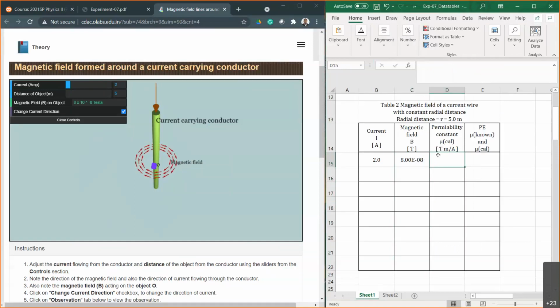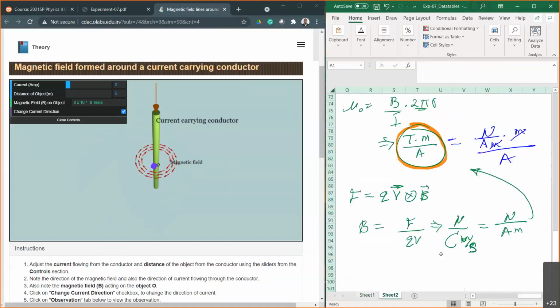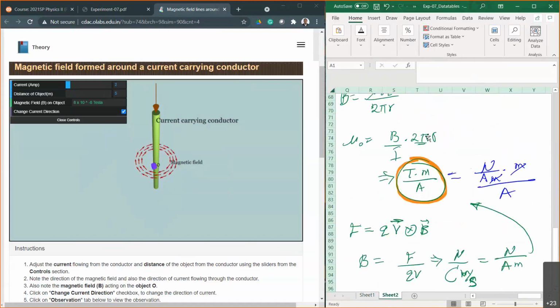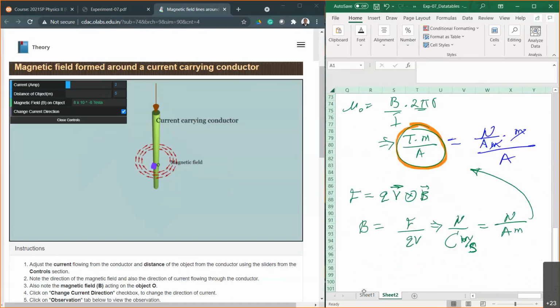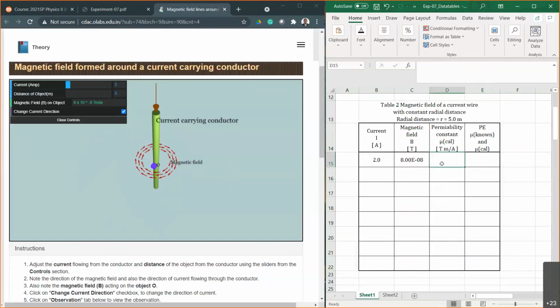And let's estimate the permeability from this one. The permeability should be equal to the magnetic field times 2 pi r divided by the current, right? So let's test it out. Equal sign, magnetic field value on C15, times 2 times pi, open and close brackets.